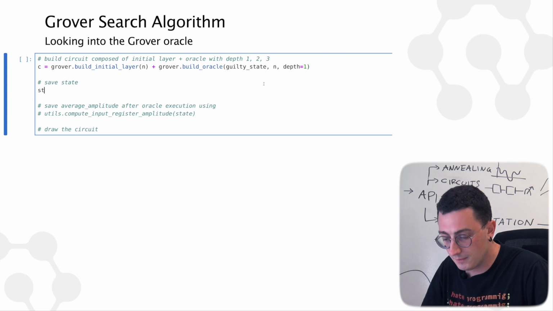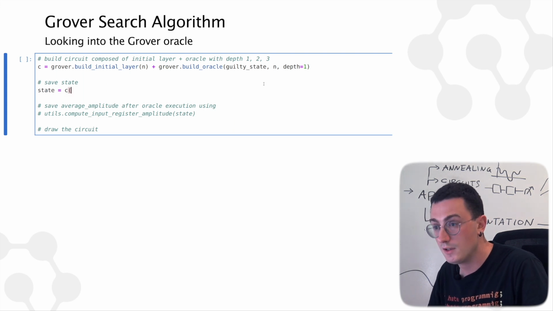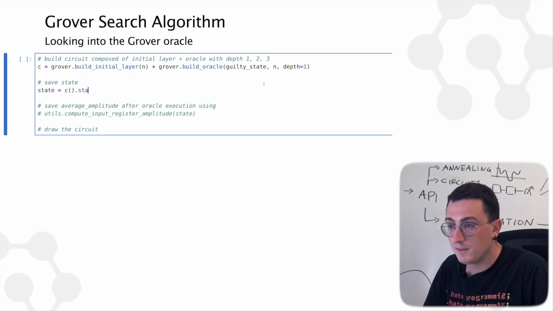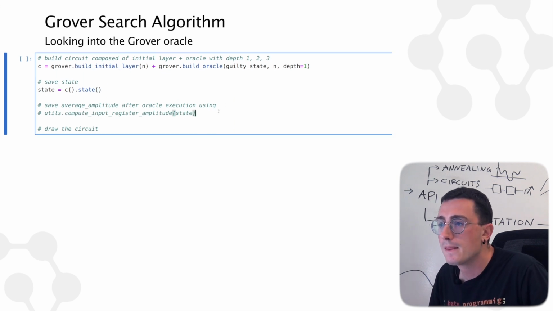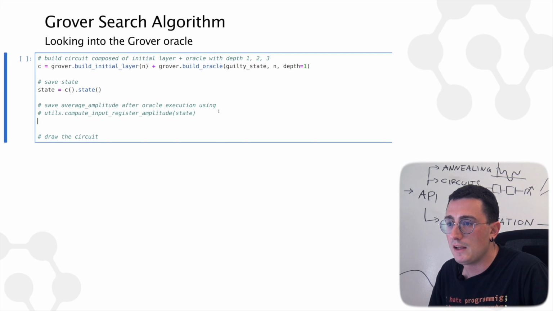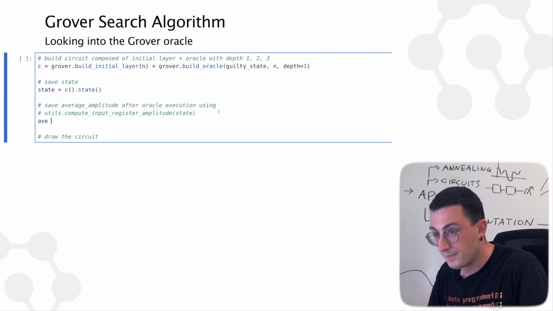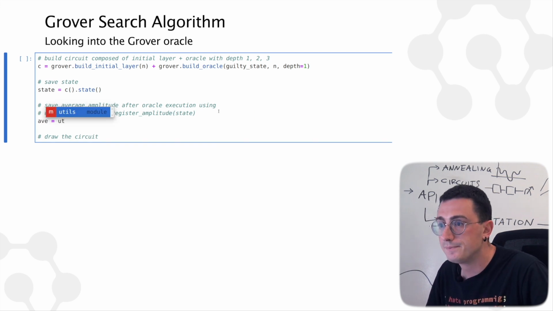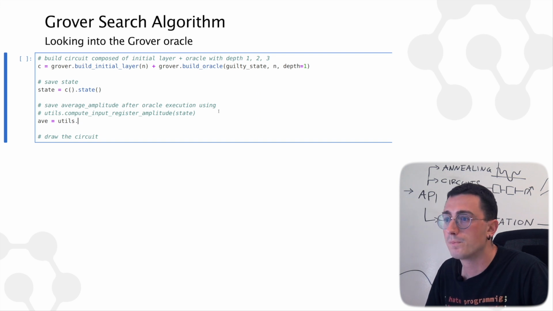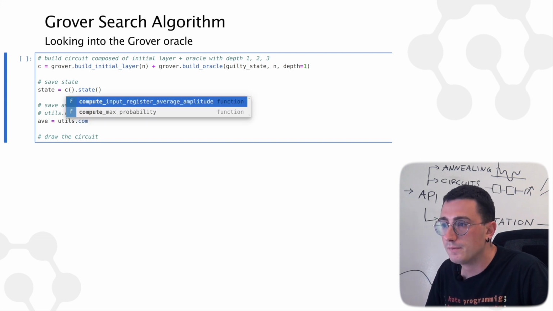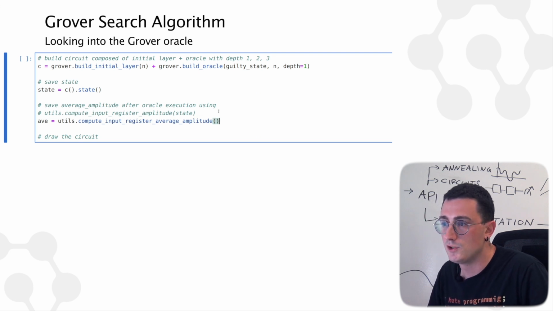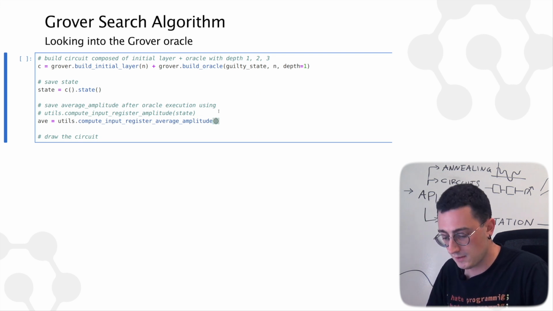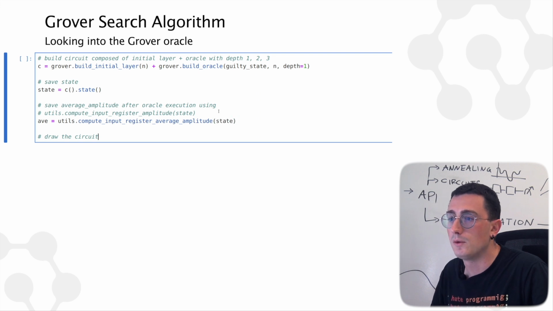Then we save the state, so state equal to C. We execute the circuit basically, and we call the state property. Then we can also save the average value, so av equal to utils dot compute input register average amplitude, passing the state, and then we can print the circuit.